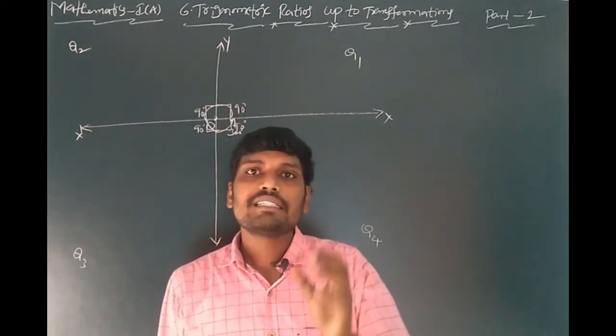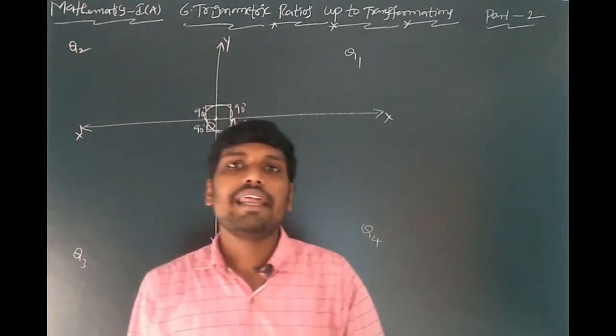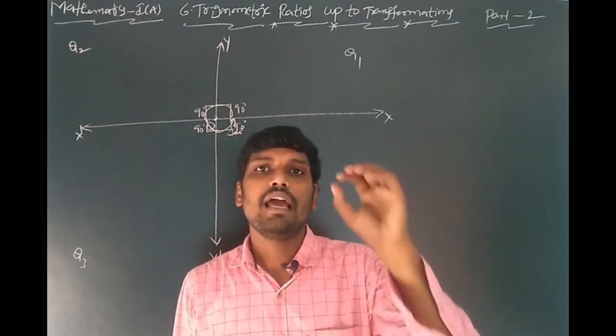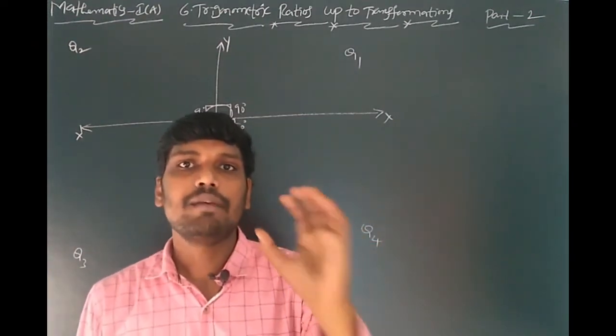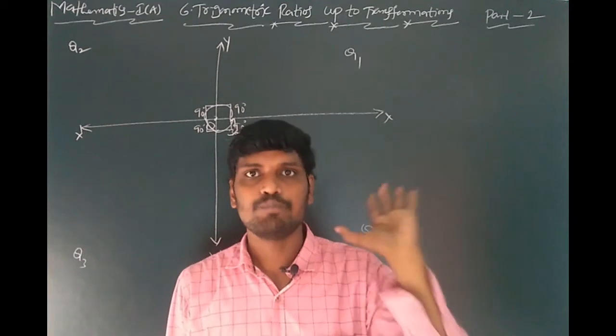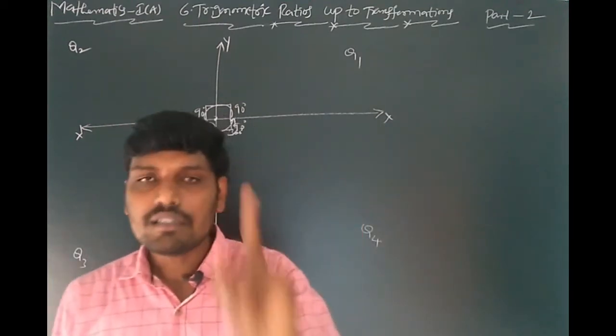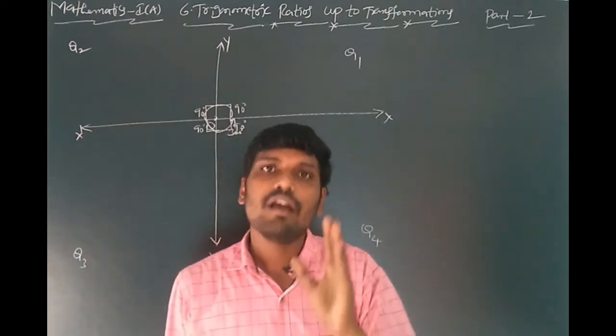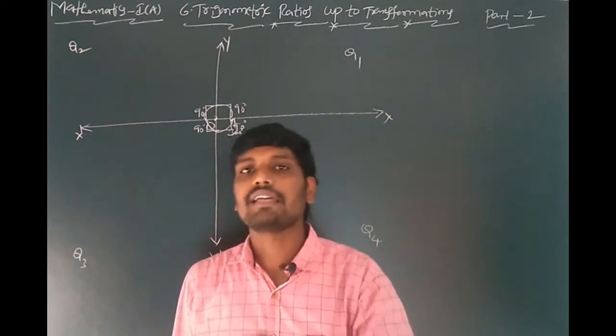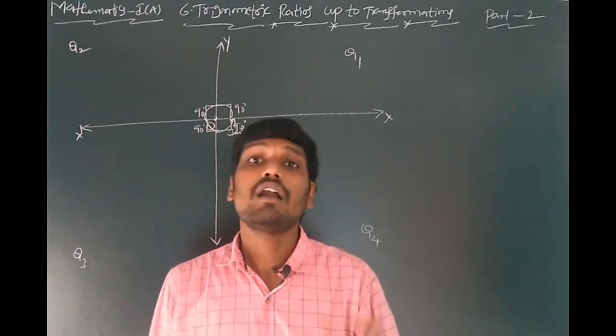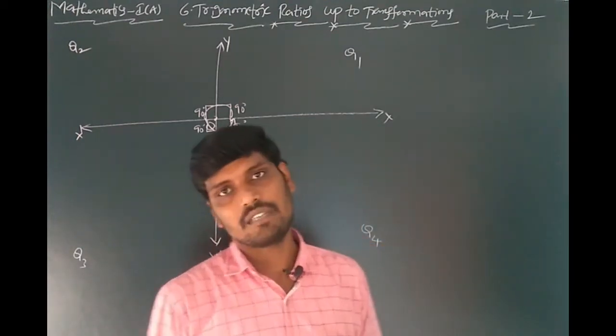If the direction is clockwise, the angle measurement is negative. For positive angles, we use the anti-clockwise or counter-clockwise direction.